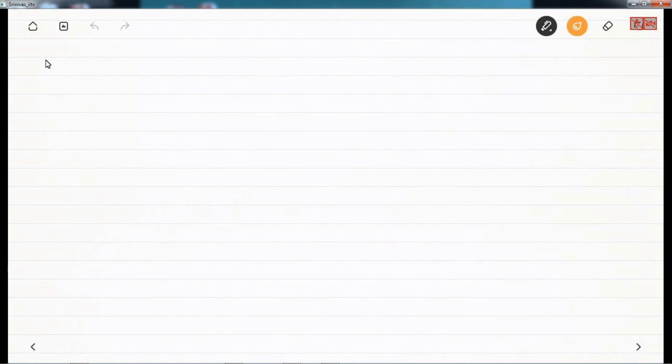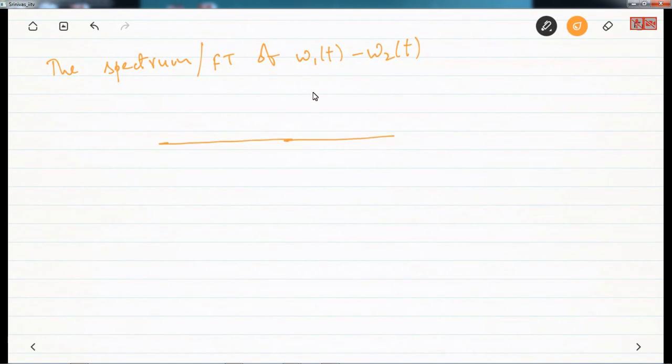The spectrum, or the Fourier transform, of w1 of t minus w2 of t contains, so this is 2a into m of t, right?